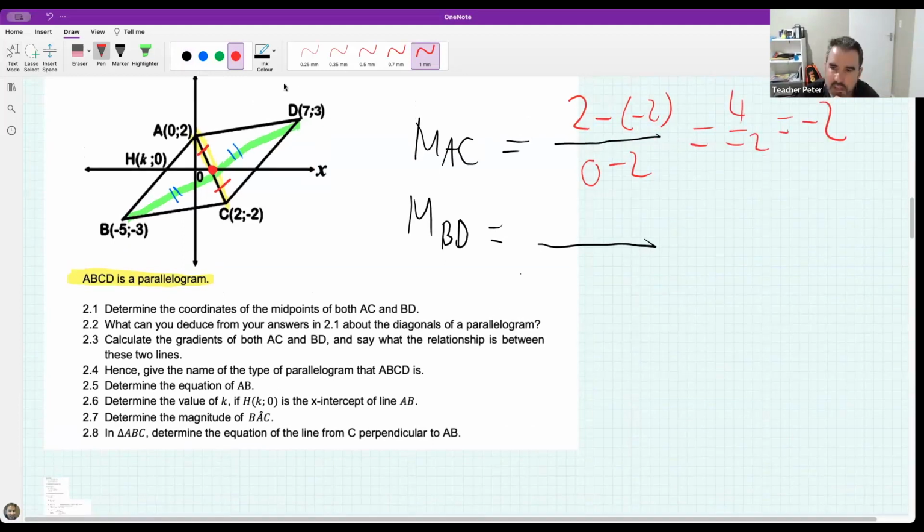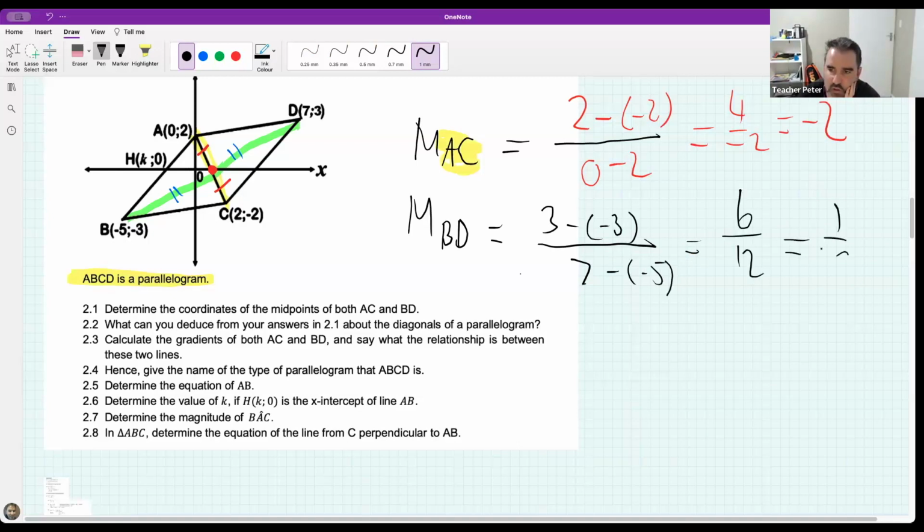So I get for the yellow one, I get -2. What do you get for the BD? 3 minus -3, 7 minus -5. That gives me 6/12, which is a half. And that is rather good.